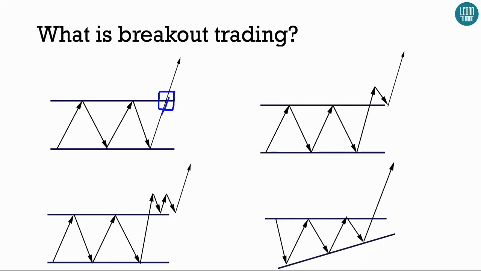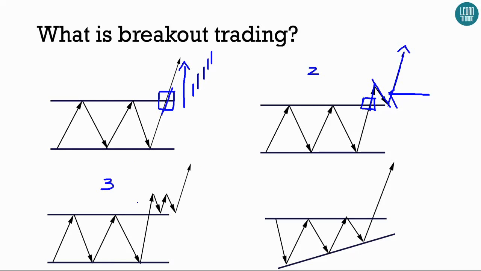Once price crosses the breakout range, it straight away moves up, slowly, steadily, towards the upside. This is one possibility. The second possibility is once price makes a breakout, it gives a small pullback. This is called a pullback, and then price moves in the ultimate direction of the breakout.